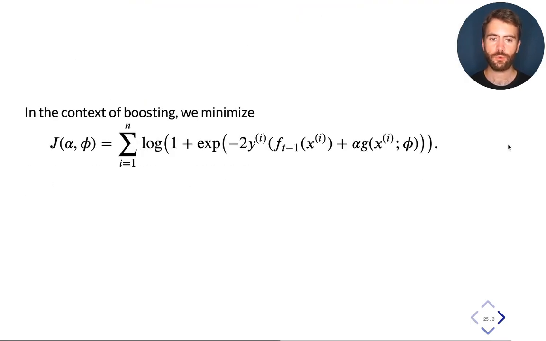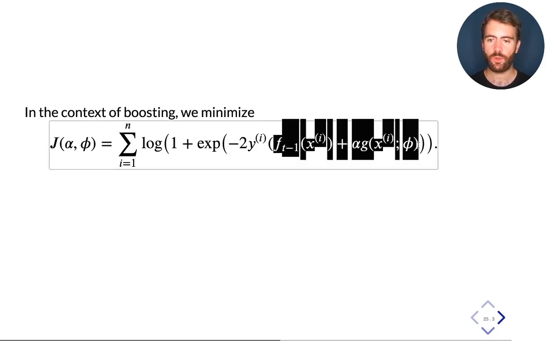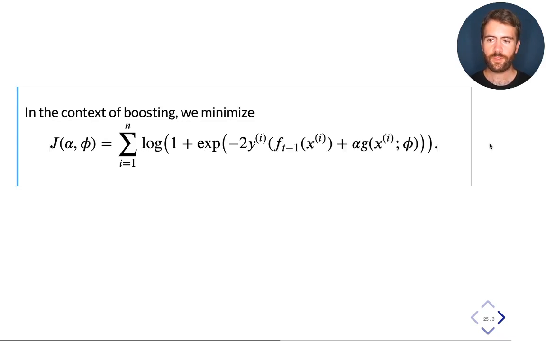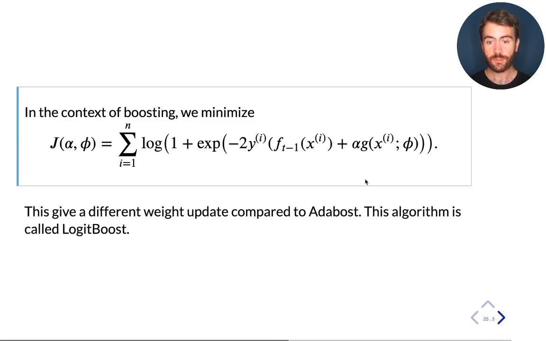So if we were to derive the loss that is optimized by forward Stagewise additive modeling, it would look like this. Again, this is just plugging in our definition into the loss, and the result is going to be a different algorithm from AdaBoost called LogitBoost.